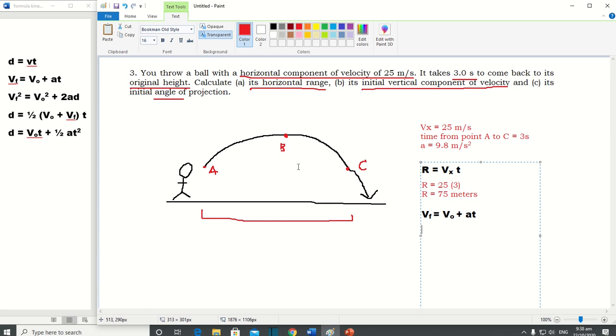We have to remember that at the highest maximum point, that's where we find our final velocity. And we know that the final velocity at the highest maximum point is always equal to 0. So we now have a value there, which is 0. V sub o is what we don't have. So let's copy this and paste, and then plus.